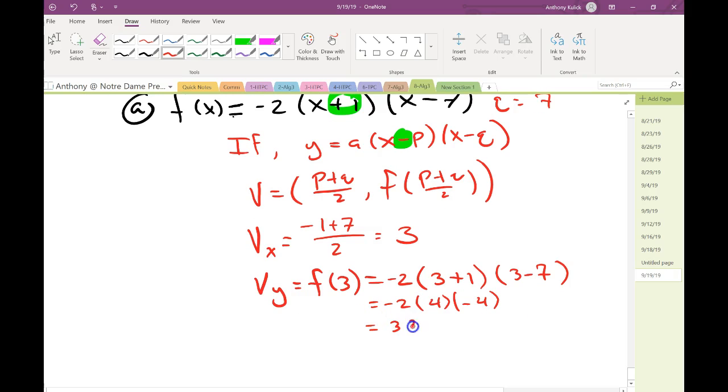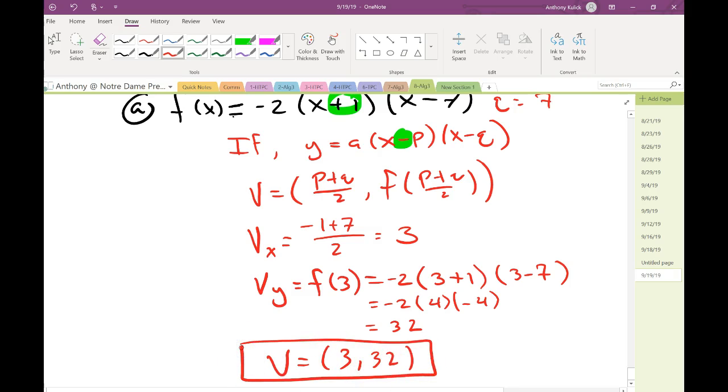And if I multiply those together, I get 32. So my vertex is the point 3, 32. Negative 1 plus 7 is 6, and 6 divided by 2 is 3.